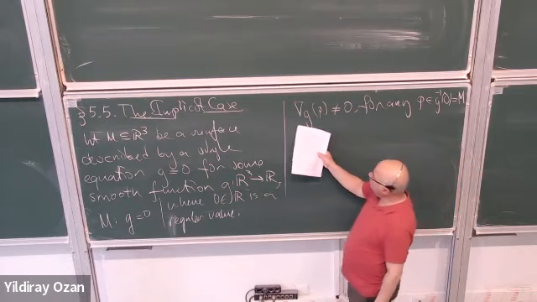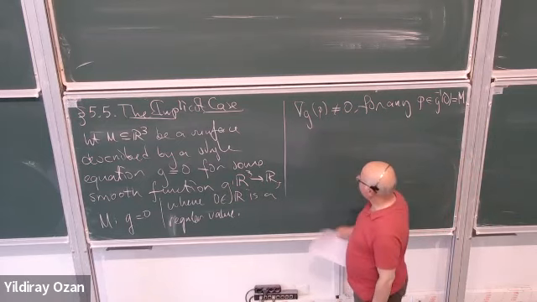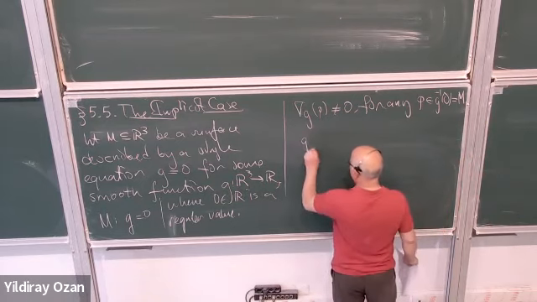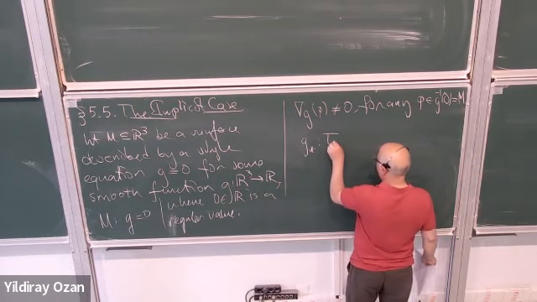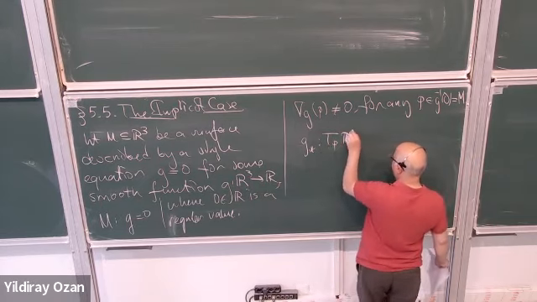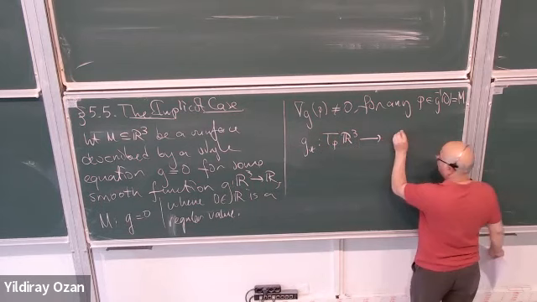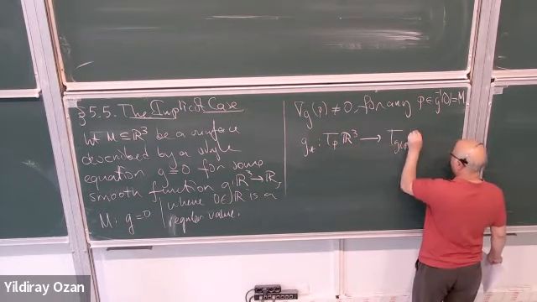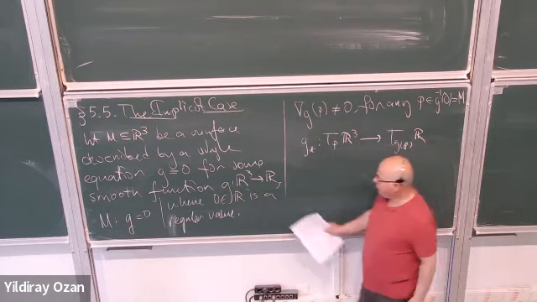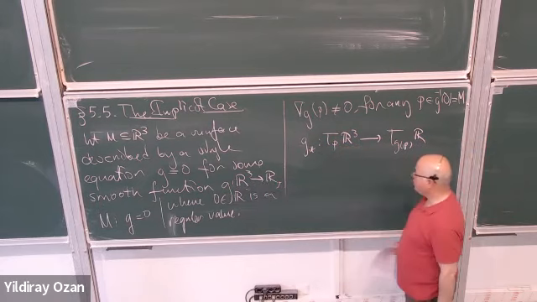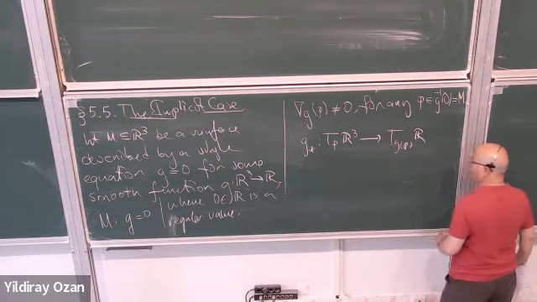Therefore, G star from TP R3 into T_G(P) R, right? G is a function from R3 to R.